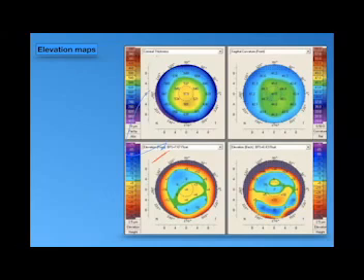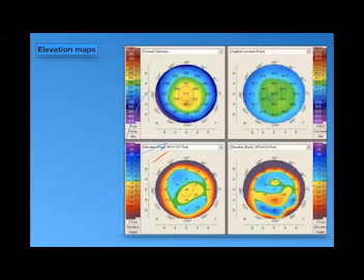What is the normal anterior elevation? It could be normal up to +7. If you find a point of +5, +6, +7, you can consider this point normal.